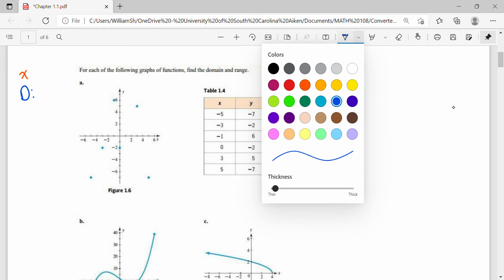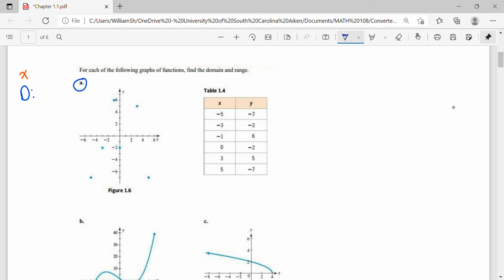Now let's look at A here and see what all values of x we have. If I look at this point here, its x value is -5. The way I'm going to write this domain, I'm going to do a fancy curly bracket here. I'm going to write -5. That was the first x that we could have here. If I look at the next point here, I have a -3. The next point here, I have a -1.